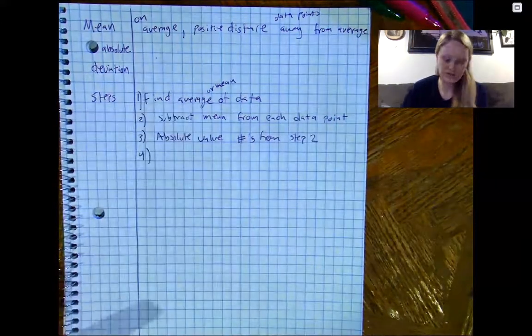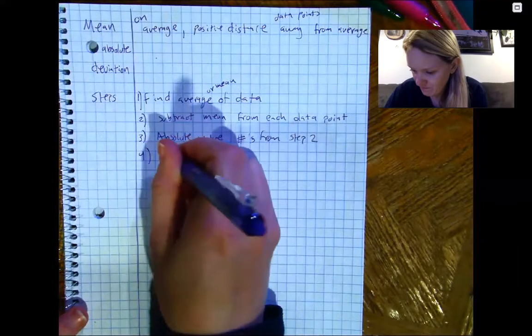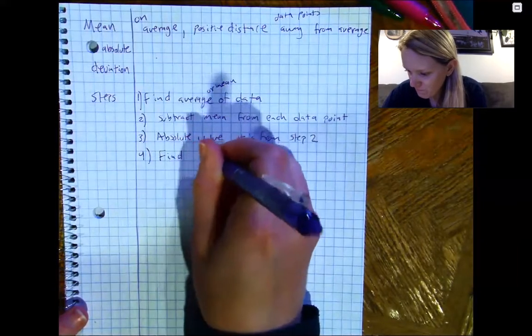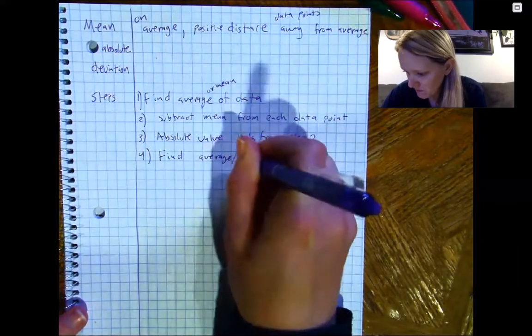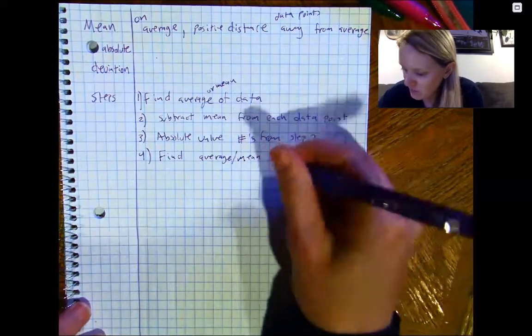And step 4 is find the average of step 3.